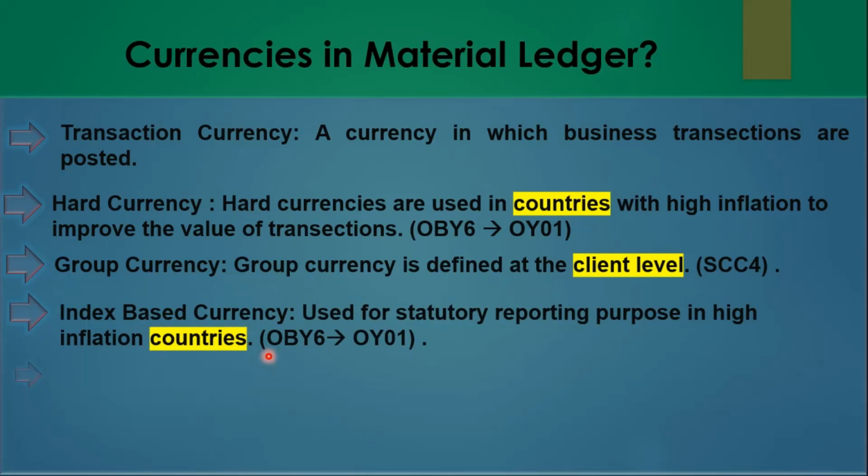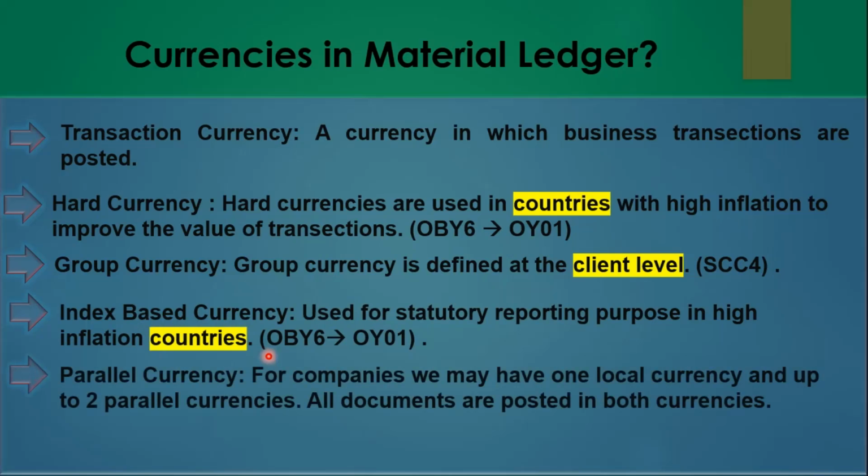And the last one is parallel currency. For a company code, we may have one local currency and up to two parallel currencies in the system. All documents are posted in both local and parallel currency if we have activated the parallel currency functionality, and hard currency is also one example of parallel currency.